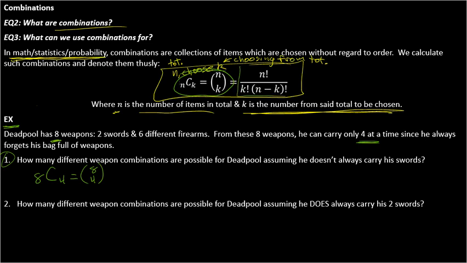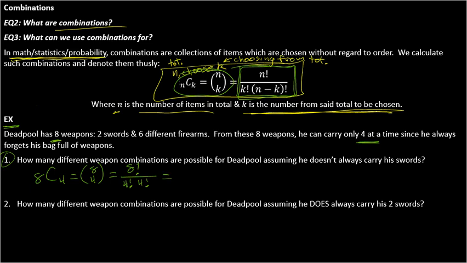Mathematically speaking, N choose K, or 8 choose 4, is equal to N factorial over K factorial times N minus K factorial. So 8 minus 4 factorial, which would just be 4 factorial, because 8 minus 4 is 4.